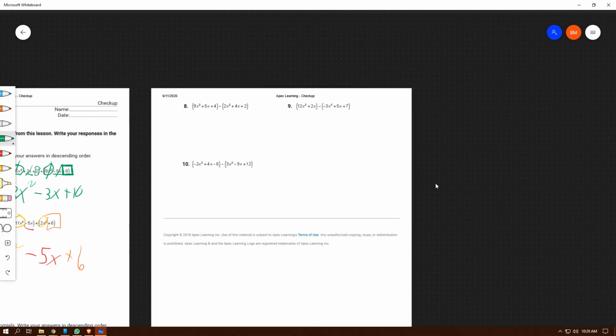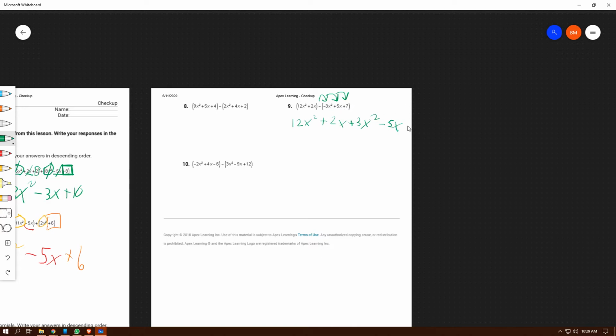All right, so we'll do question 9. I still need to distribute. Now there are 3 terms. Well, that just means I distribute 3 times. There's an extra one. Nothing else changed. 12x squared plus 2x. Negative times negative 3x is going to be a positive 3x squared. Negative times 5x is going to be negative 5x.